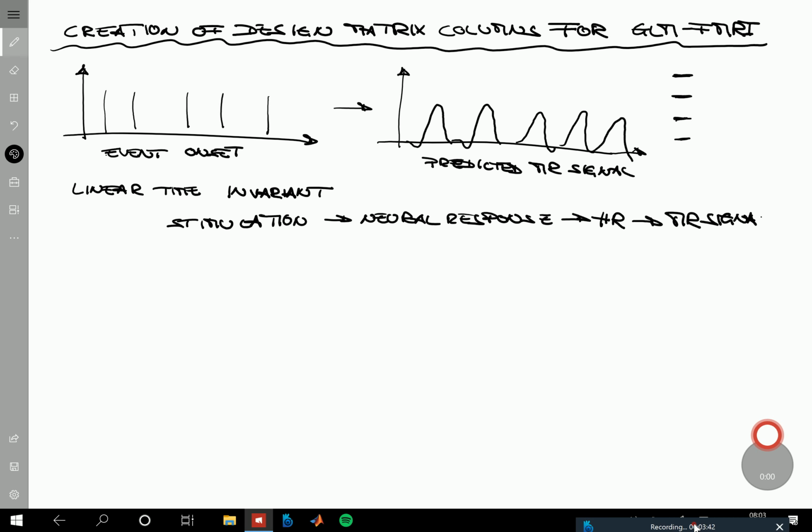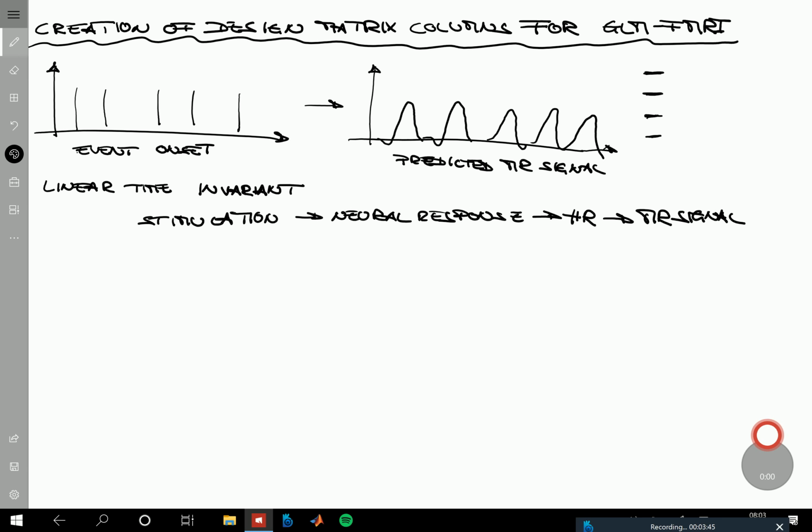So do you remember when it doesn't behave as a linear time invariant system? There were some boundary conditions essentially when this doesn't work quite well anymore.